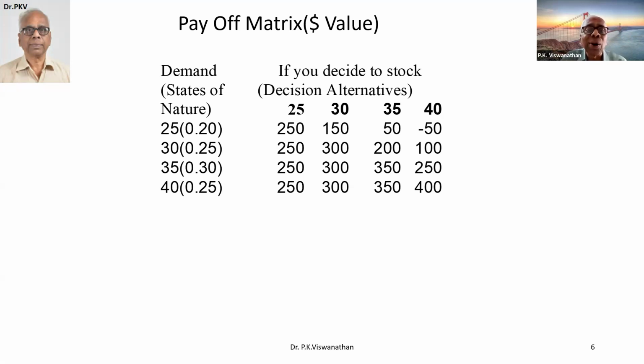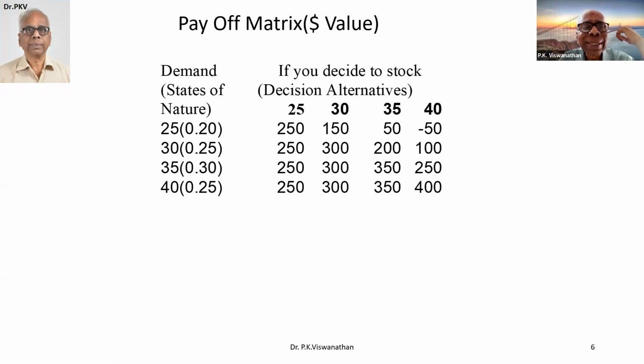Now let us work out the payoff. Suppose you decide to stock 25 dozens. The demand is also 25 dozens. You sell all the 25 dozens and you know profit per dozen is $10. So $250 will come as the payoff.